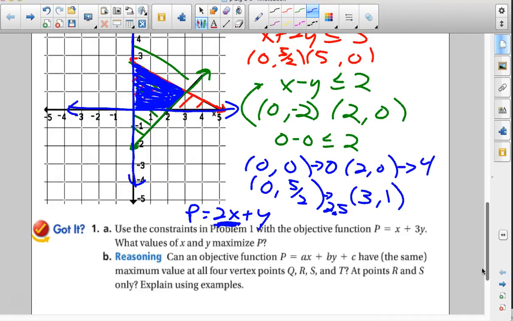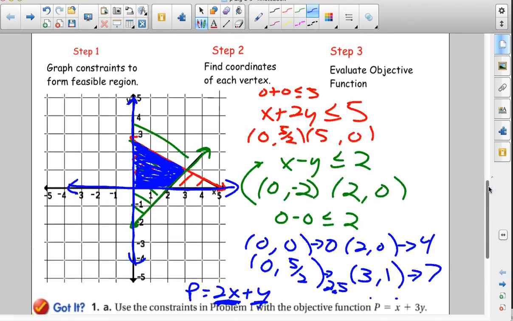So far, that's our biggest number. So far, that would be our max, but we've got one more to try, and that's our 3, 1. 2 times 3 is 6, and 6 plus 1 is 7. We just found our max. Whichever one of those gives us the biggest number is the maximum. Whichever one gives us the smallest number is the minimum. But they only asked us about the maximum.